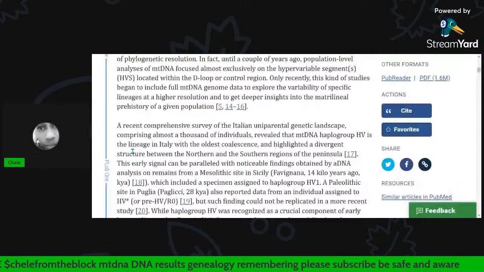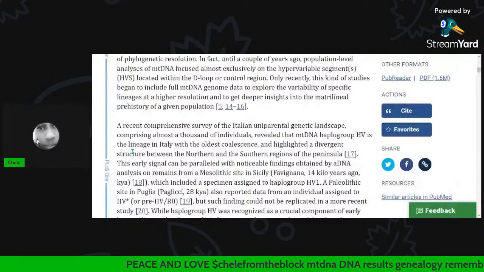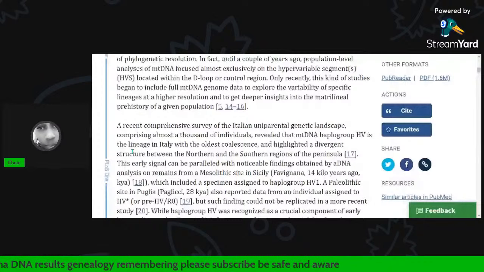Mesolithic site in Sicily. See, this is where you can find archaeological digs. So what I can do is cross-reference the haplogroup from the sample and dig, and I don't have to actually pay the money to get the facts because I can do it by deduction, because it's very well documented.